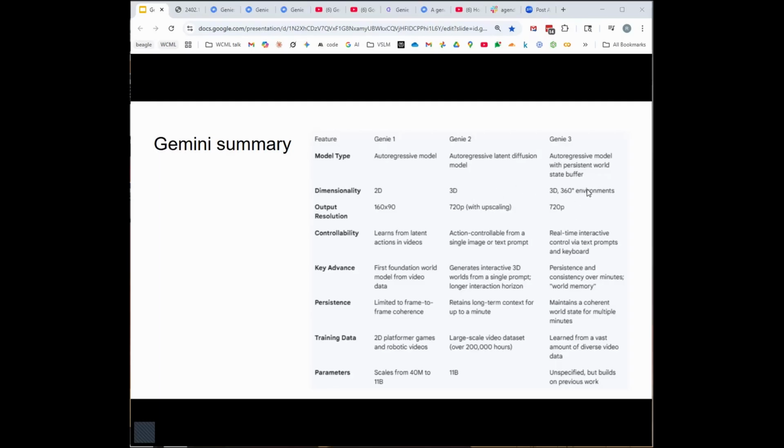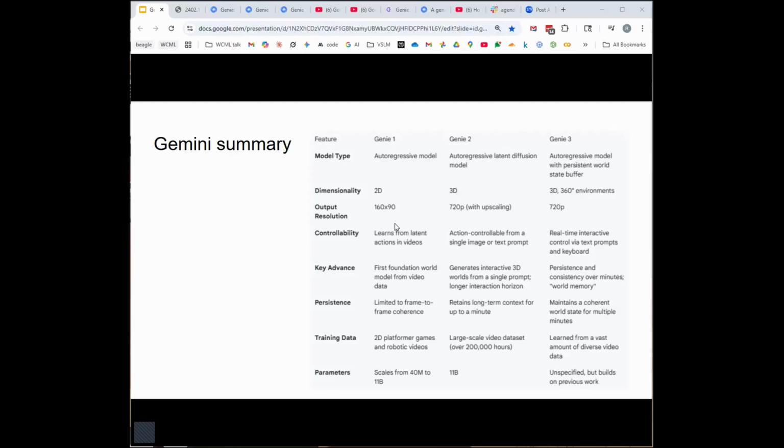And in Genie 3, they're claiming that it's still 3D, but you have a little bit more control over viewpoint. The output resolution of the first version was really pretty small. They upped it in Genie 2 to 720, and Genie 3 retained the 720p.